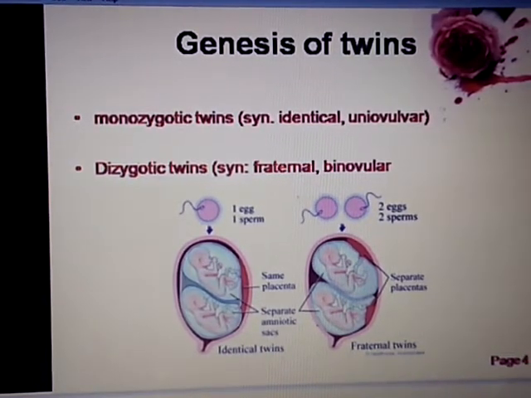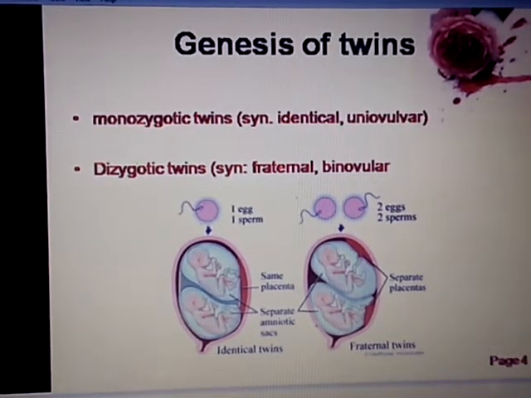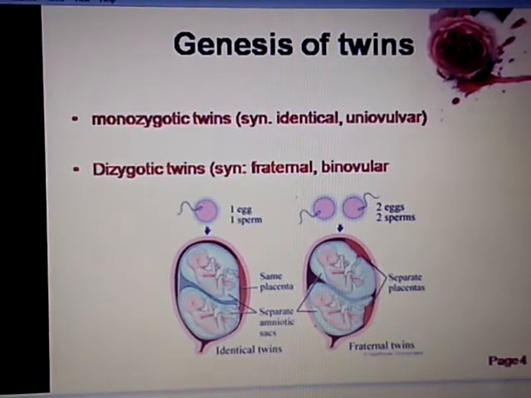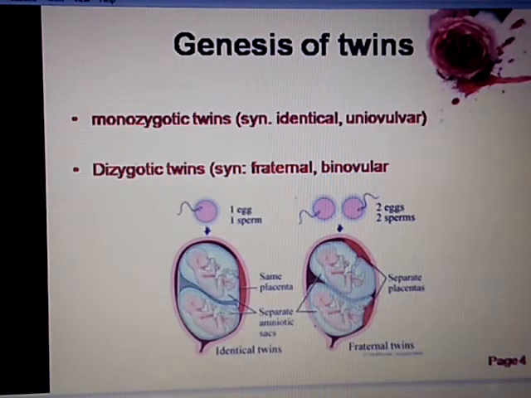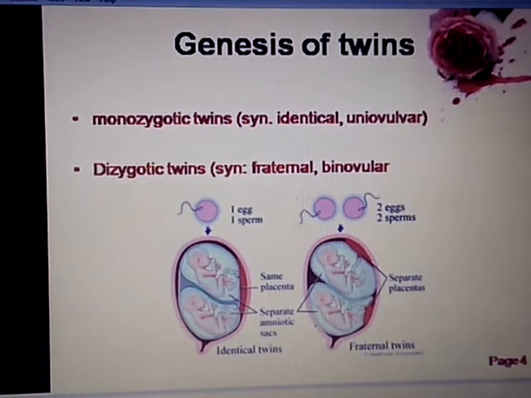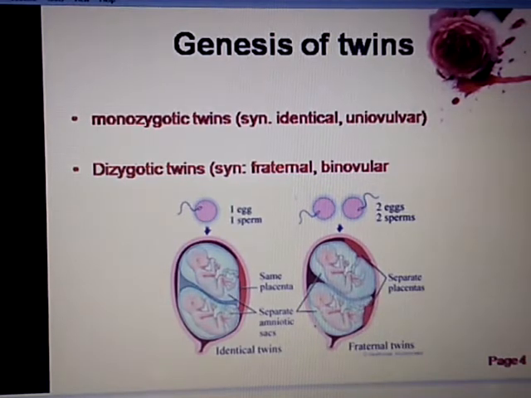In dizygotic twins, two eggs are fused with two sperms, at different times or sometimes in the same ovarian cycle. So this is fraternal or binovular. Monozygotic twins divide from the same fertilized egg, so the characteristics are identical.